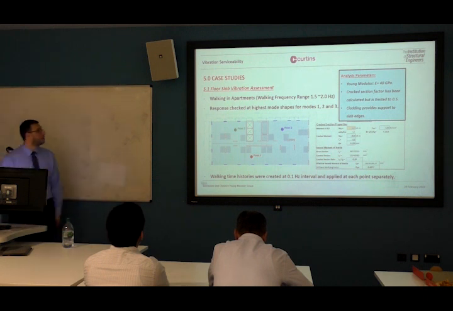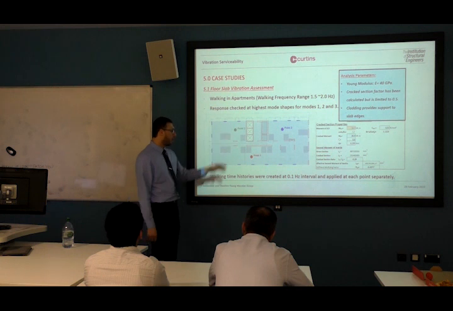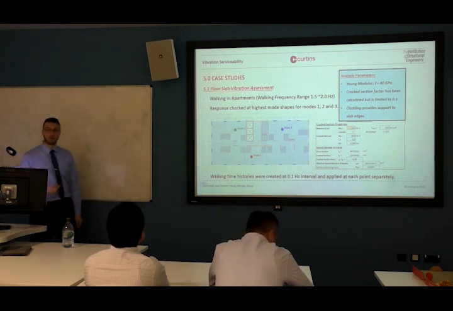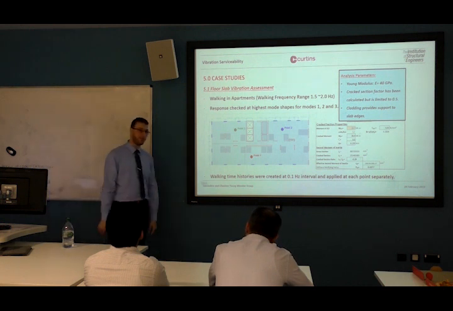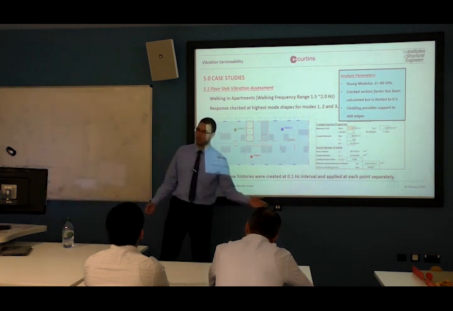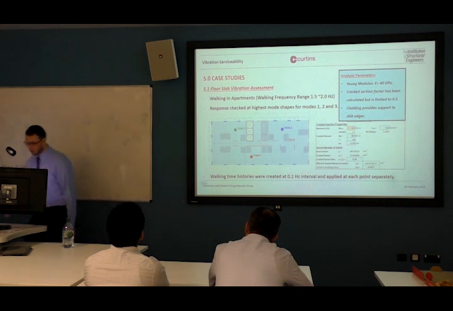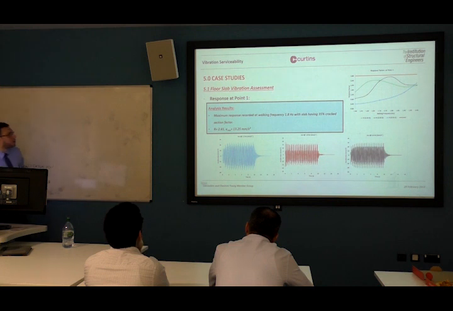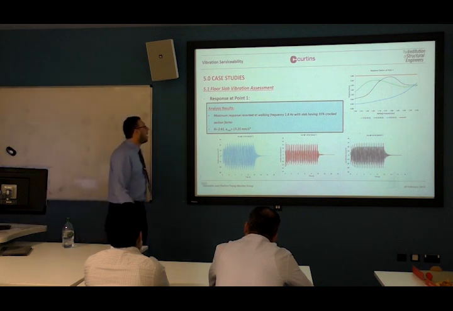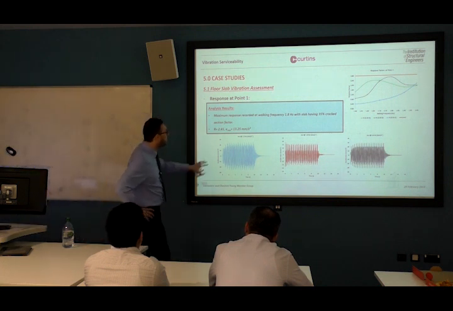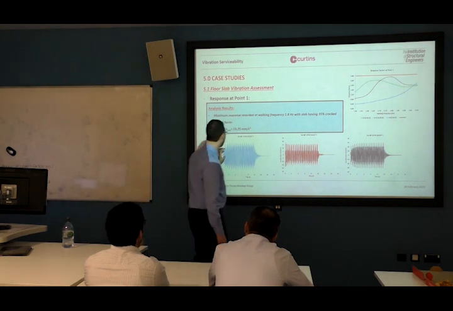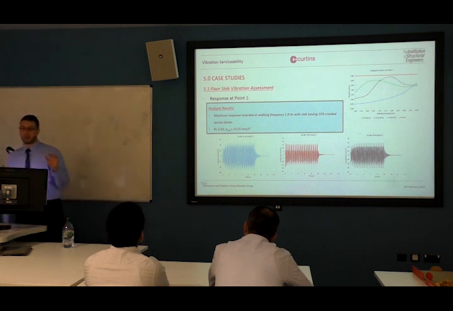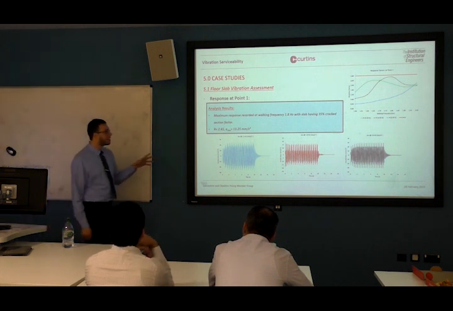So what we've done, we've checked it at 3 points, and we've created time histories for walking at intervals of 0.1. So I've created time histories for 1.5, 1.6, and so on up to 2. At point 1, this is what we're getting. So this is at 1.5, and you can remember that the frequency of the slab was about 6.